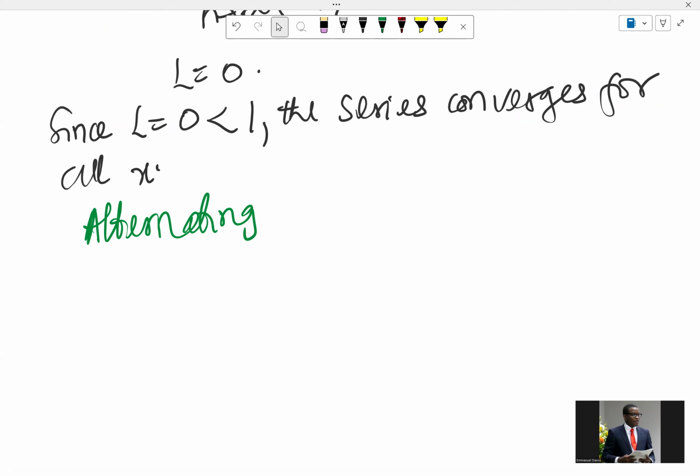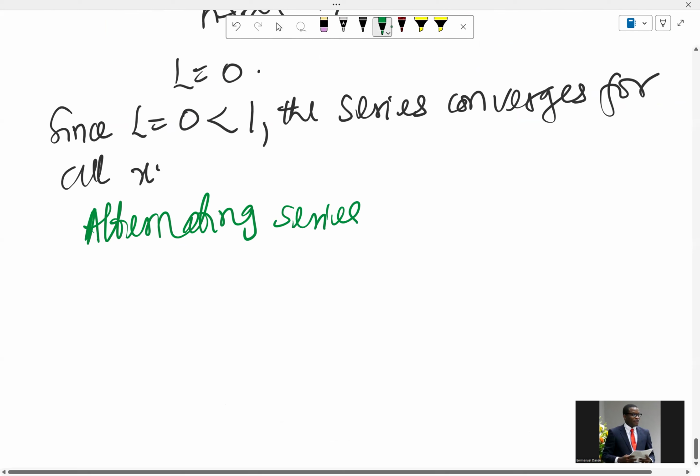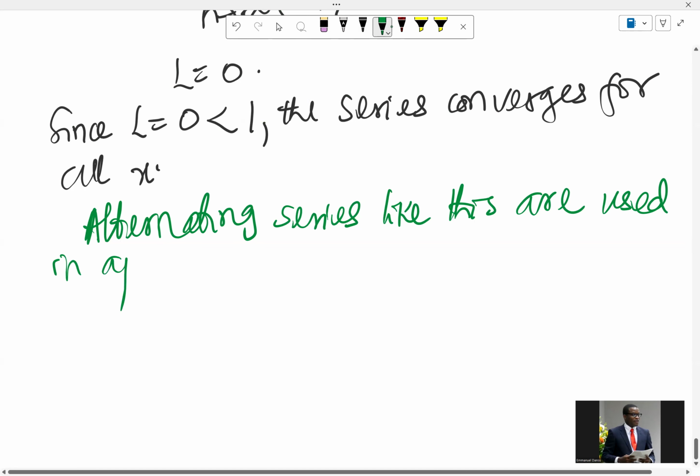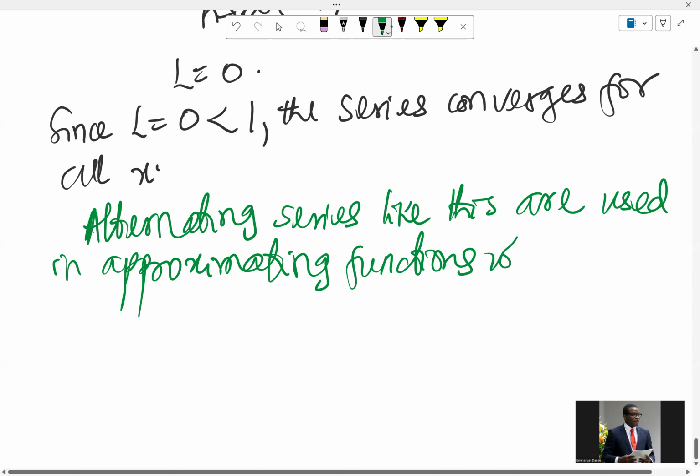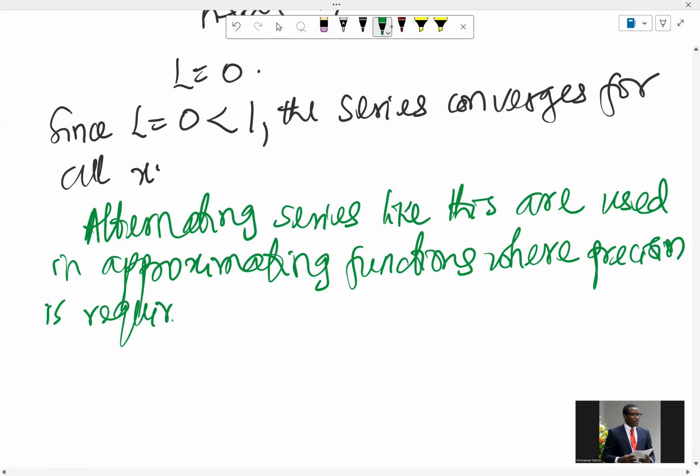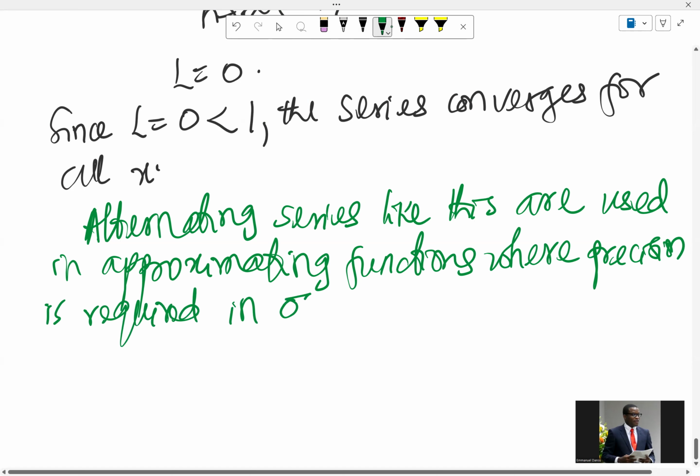So alternating series like this are used in approximating functions where precision is required, in oscillating systems.